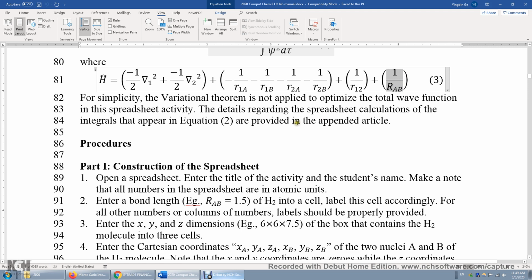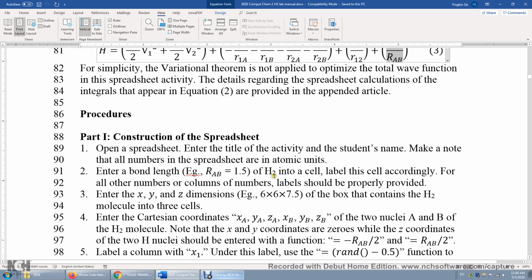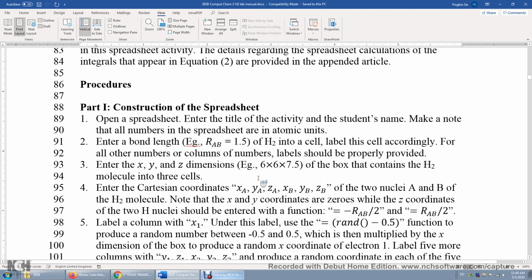All right, and then we put this H2 in a box. What kind of box? It's going to be a 6 by 6 by 7.5 box. The reason this dimension is 7.5 is because we want to put this H2 molecule in that direction. And then what we do is we will randomly sample the positions of the 2 electrons.